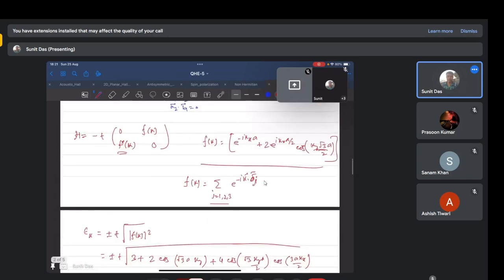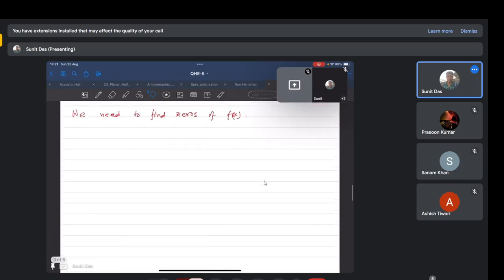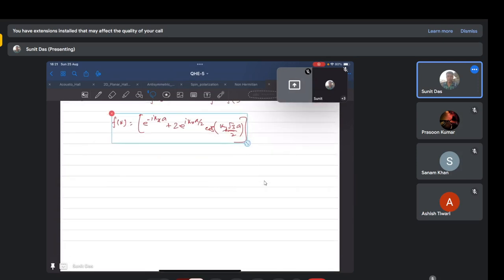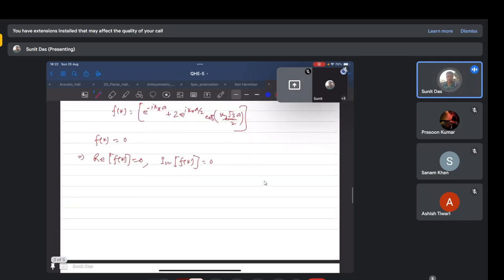So if f(k) equal to 0, then the real part of f(k) will be 0, and individually the imaginary part of f(k) will also be 0, right? Because f(k) is a complex number and it is completely 0. So that means individually, separately, the real and imaginary parts need to be 0.